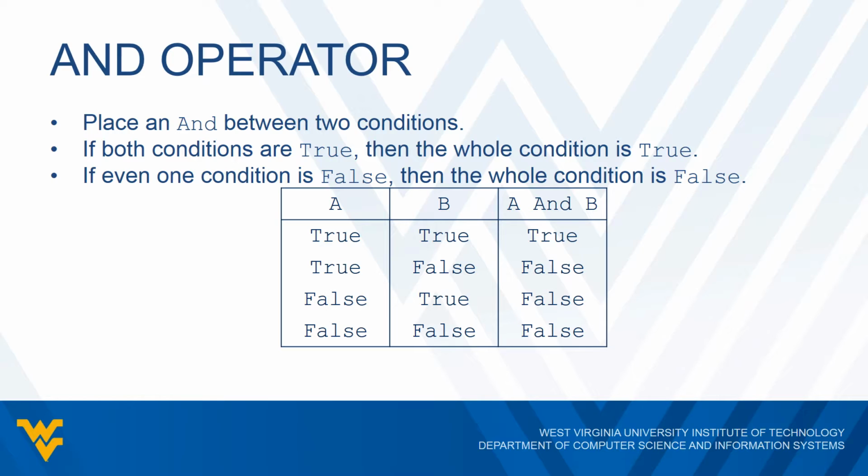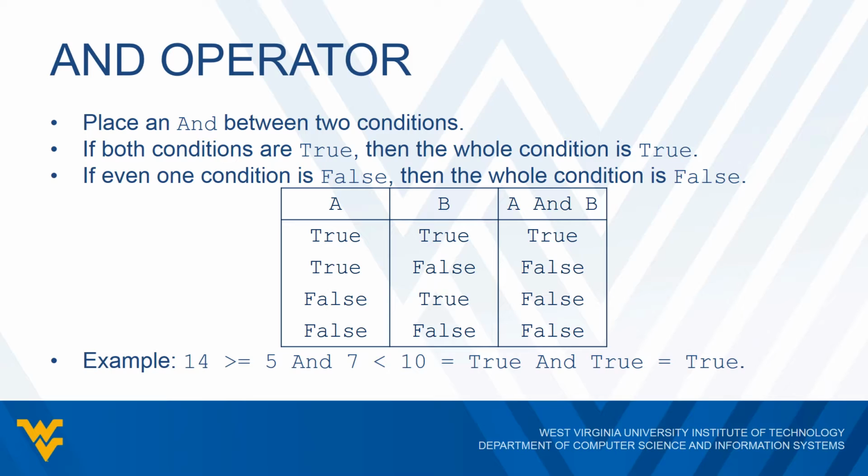Now let's take a look at when A is true and B is false. Since one of them is false, A and B is false. Then we can look at when A is false and B is true. One of them is false, therefore A and B is false. And then the last one where A and B are both false, well, that means A and B is also going to be false.